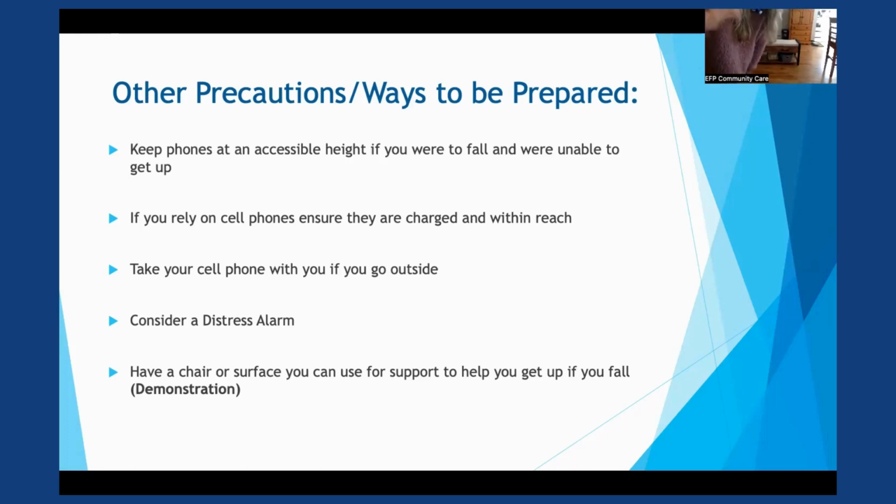Okay. I'm going to get on the floor here. So I've had a fall, okay? I need to get over to the surface. So there is a couple ways that we can go about doing that. So one way is we can scoot to where we need to get to help us get up off the floor.